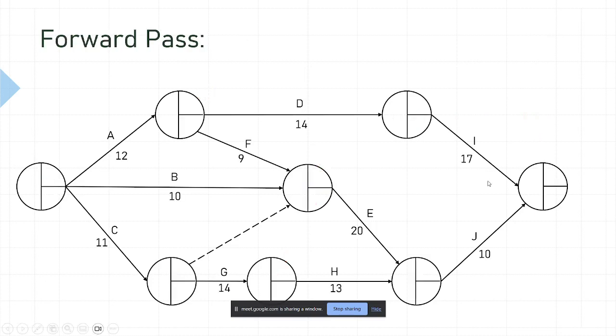Okay, coming to the network analysis part. What I have done now is that in an event I have made such a bifurcation. Why is it so? You guys remember it from the class, so help me write it. To write the duration of the activity, where should I write it in the event?